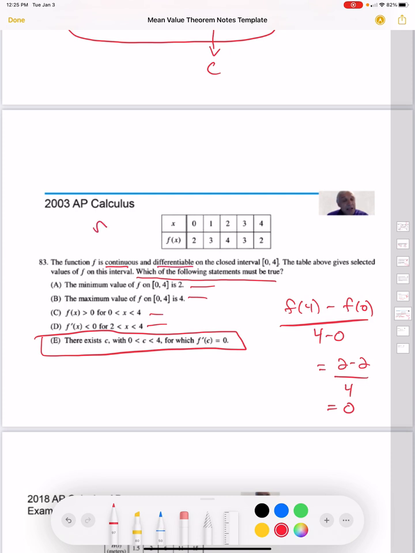So the mean value theorem applies. And what we did over here was we found the average rate of change, which means that there has to be, according to our definition of the mean value theorem, a place where the slope of the tangent line is the same as the slope of the secant line.